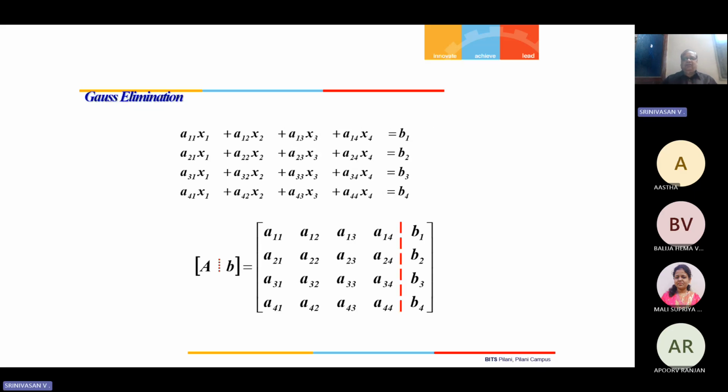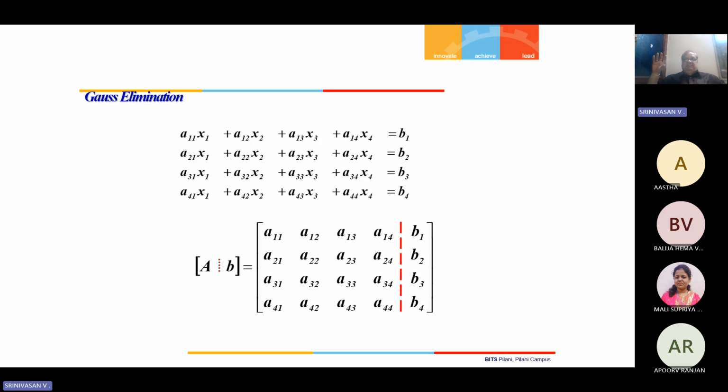Look at it. If you want to express how the augmented matrix looks, suppose here is a system of 4 linear non-homogeneous equations of the form a11x1 plus a12x2 plus a13x3 plus a14x4 equal to p1, and similarly up to a41x1 plus a42x2 plus a43x3 plus a44x4 equal to p4.